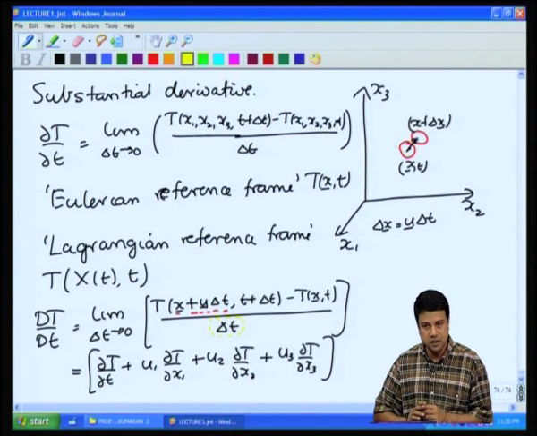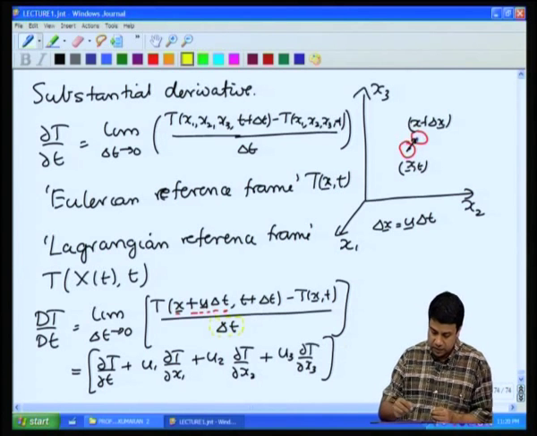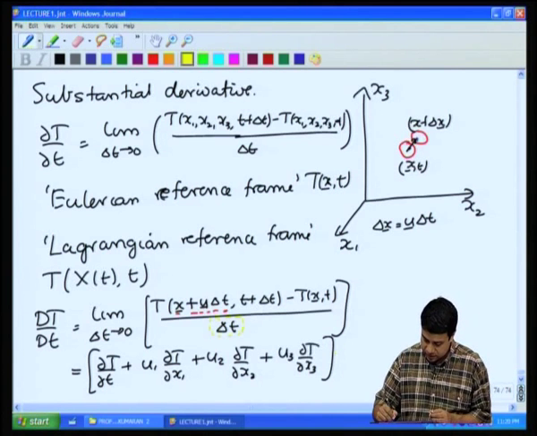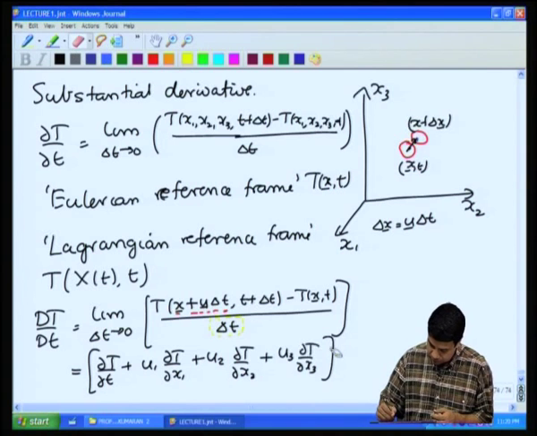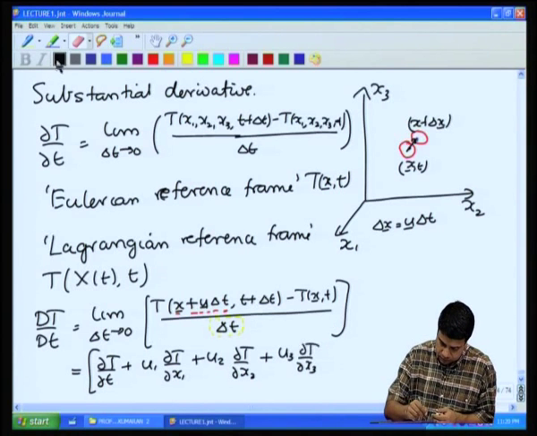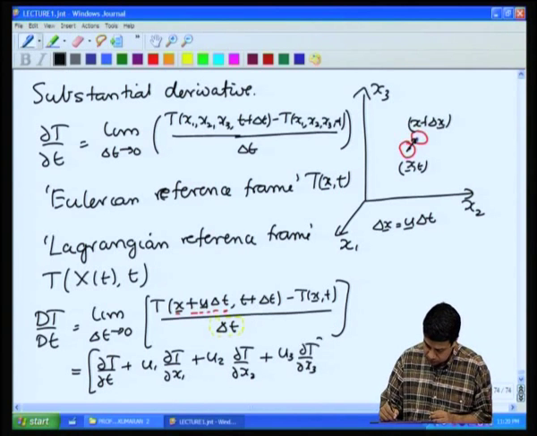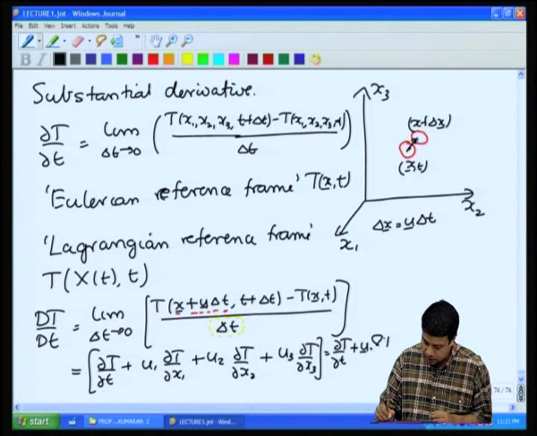So, this is the substantial derivative which recognizes the fact that fluid elements are moving along with the mean velocity of the fluid. I can also write this in vector notation as partial t by partial t plus u dot grad t.